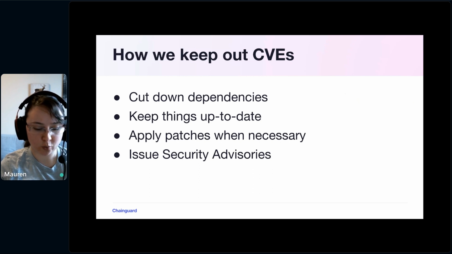Sometimes when a CVE has been patched upstream, but for some reason a new release has not been cut yet, we will apply those patches downstream. And we sometimes also issue security advisories when upstream projects determine a CVE to not be applicable or not exploitable for some reason.